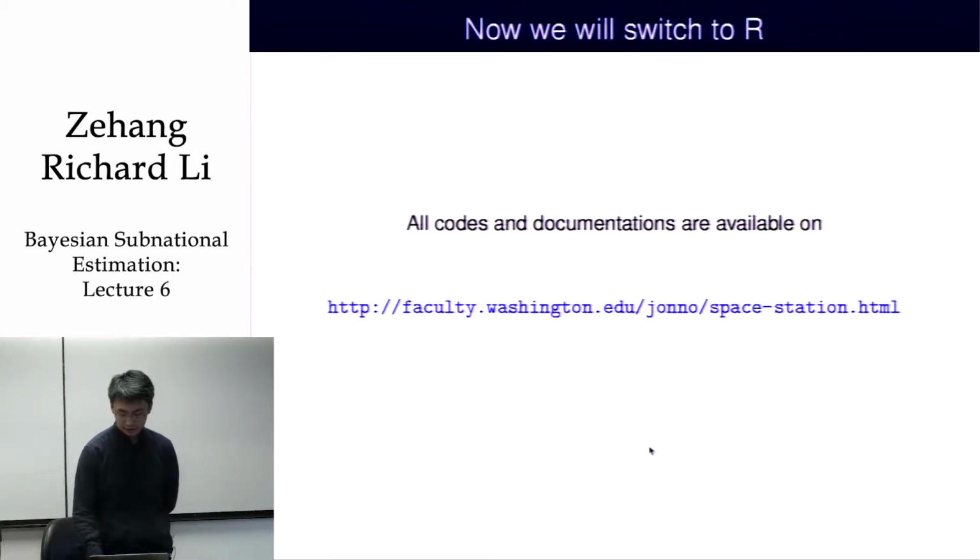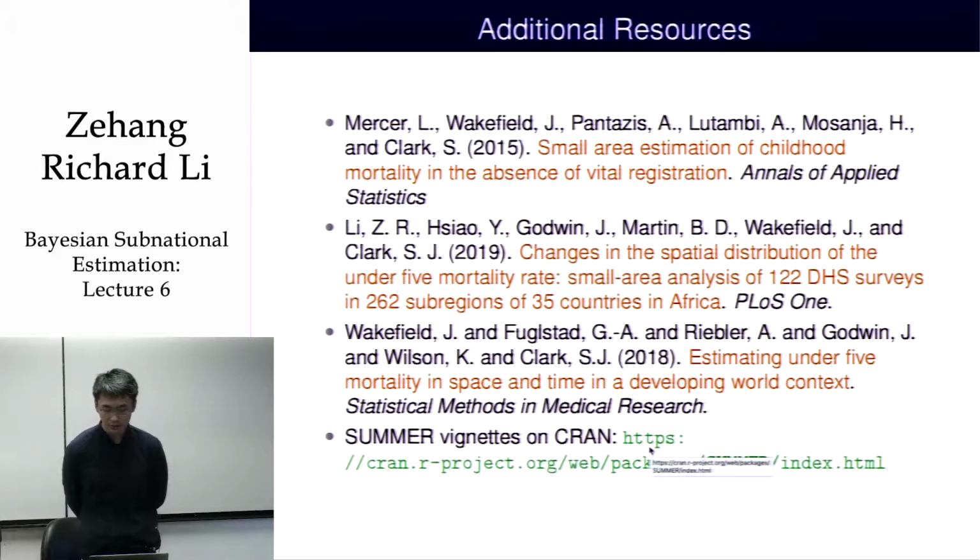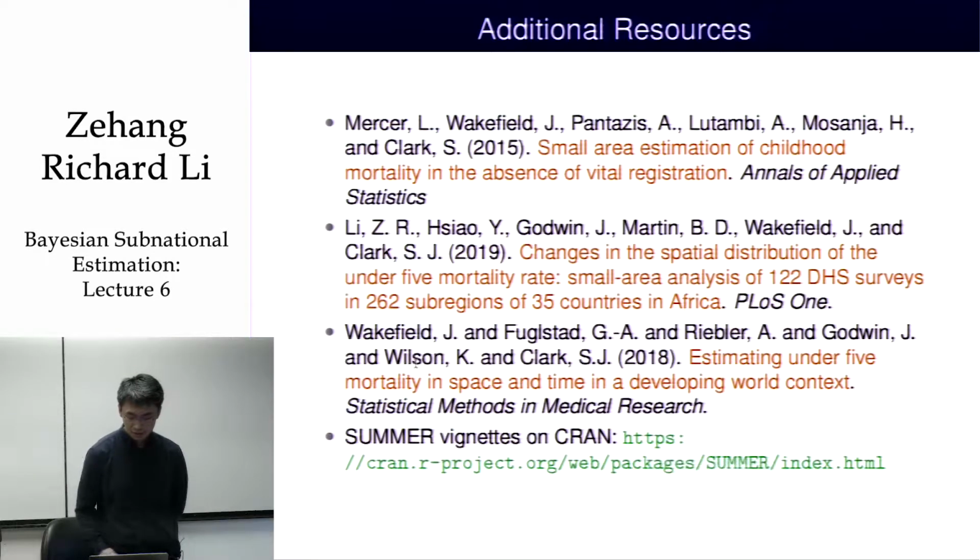There's a website with all of the materials, and at the end of this PDF of slides there are additional resources. The smooth direct estimates are mostly discussed in the first two papers. The binomial model, the cluster level model, was discussed a little bit in this 2018 paper as well.